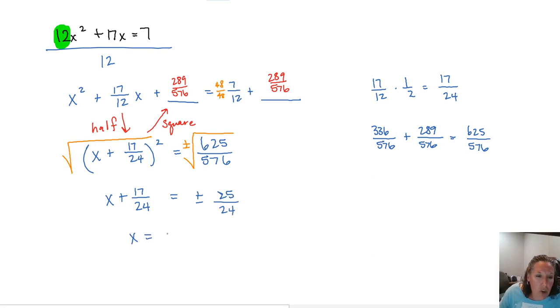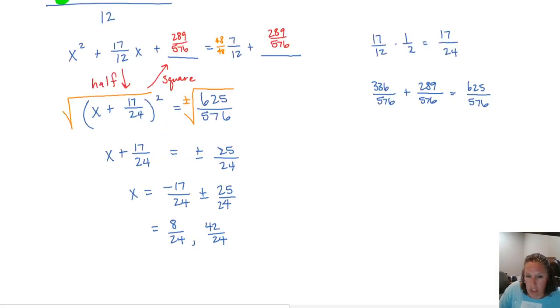And then we can subtract 17/24 from both sides. And negative 17 plus 25 is 8. And negative 17 minus 25 is 42.